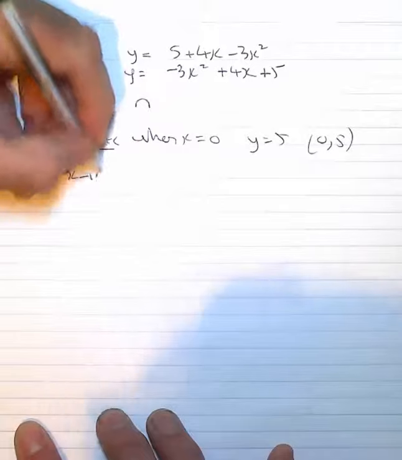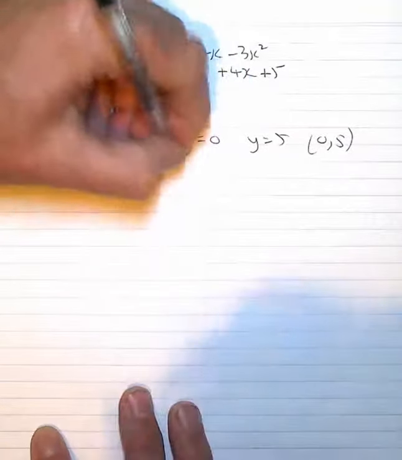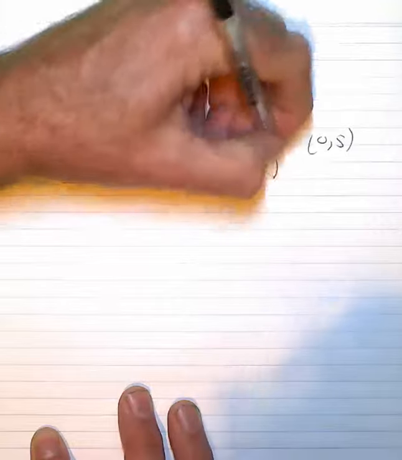Now the x-intercepts, I'm going to have to use the general quadratic in order to work that out. Get it right this time.